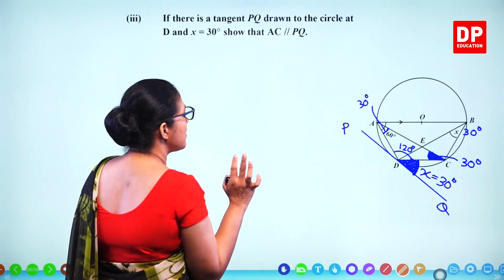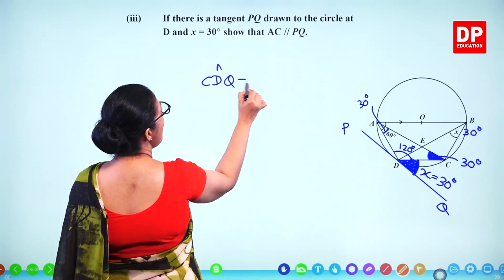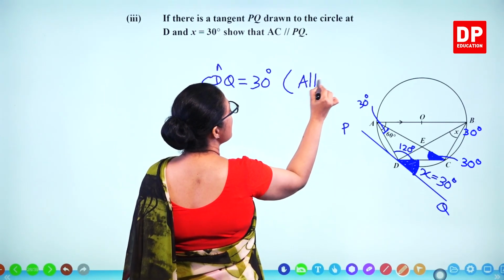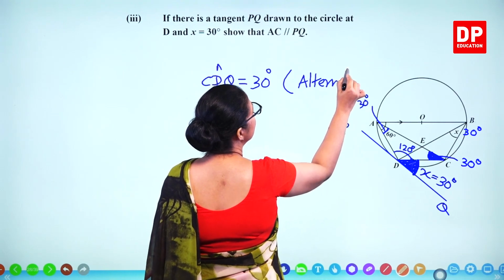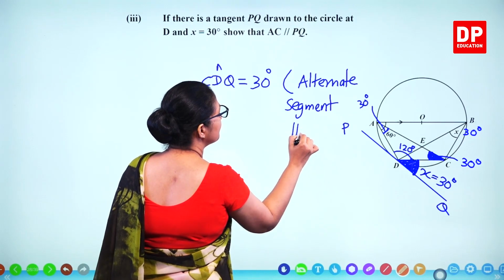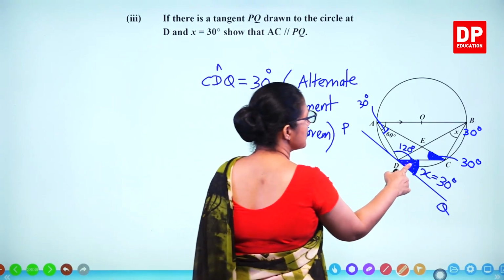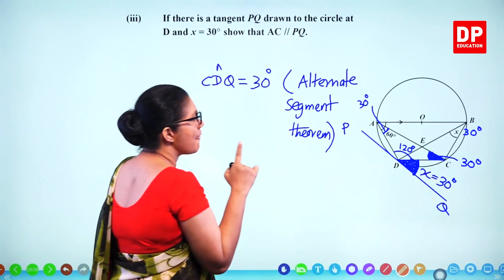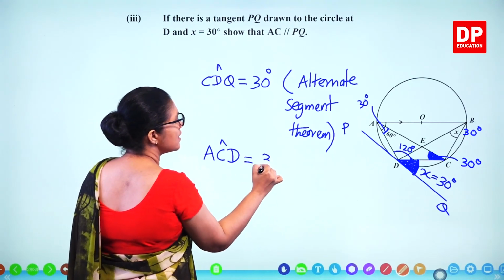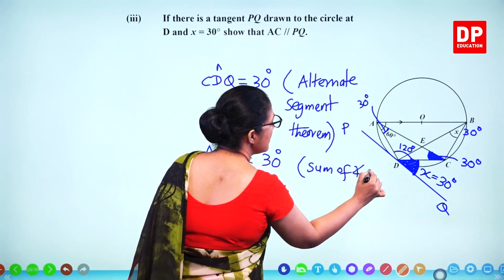Okay, so let's start to write. Angle CDQ is 30 because of the alternate segment theorem. So this is 30. But we can say angle ACD is also 30 degrees, by the sum of angles in a triangle.